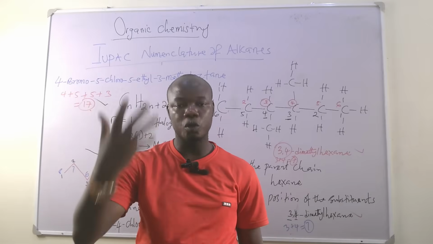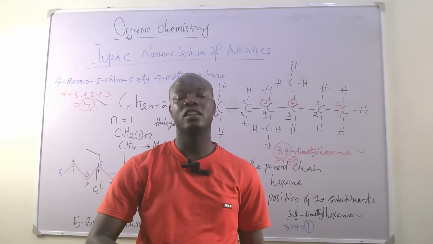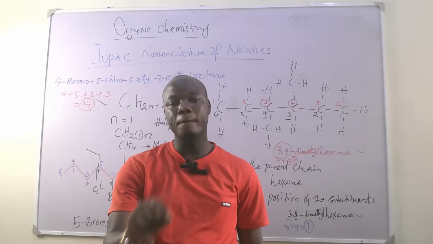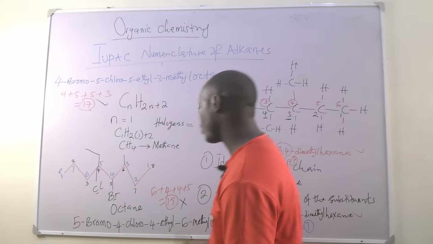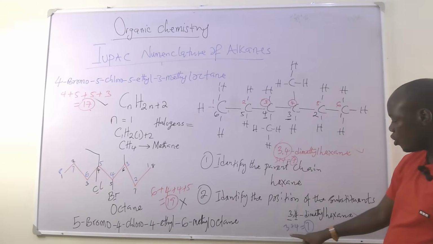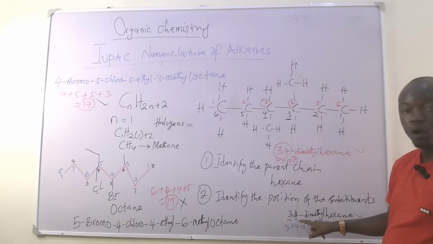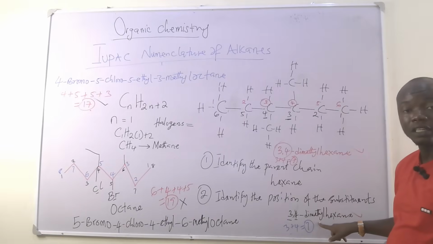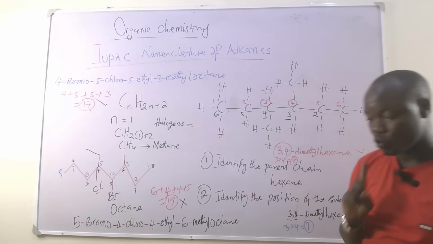After you number the substituent, you write the name. Between number and number, you use a comma. So that is why here, between number and number, we use a comma. And between a number and alphabet, you use a hyphen. So that is how you do it.